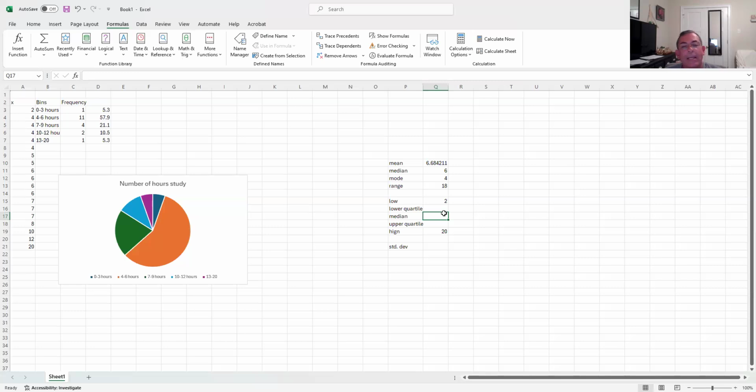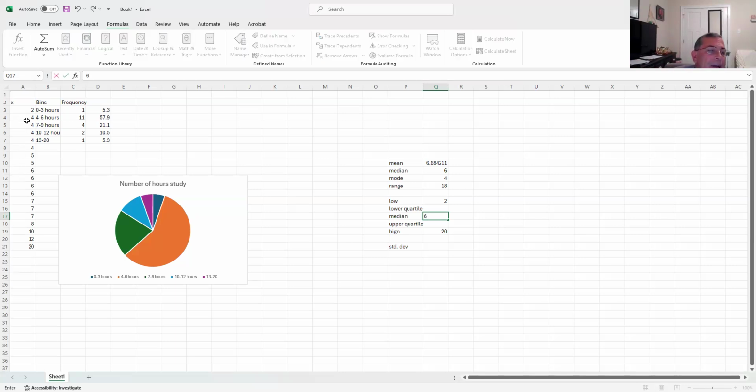So first I'm going to get my median. So the median is the middle number. So y'all, I had 19 numbers. So my middle number would be the 10th one. So we need to count down 10. 1, 2, 3, 4, 5, 6, 7, 8, 9, 10. My 10th number is a 6.